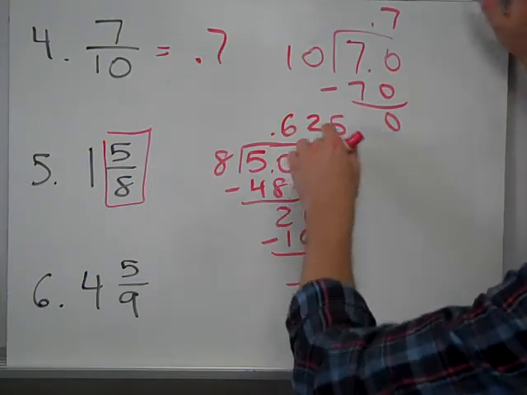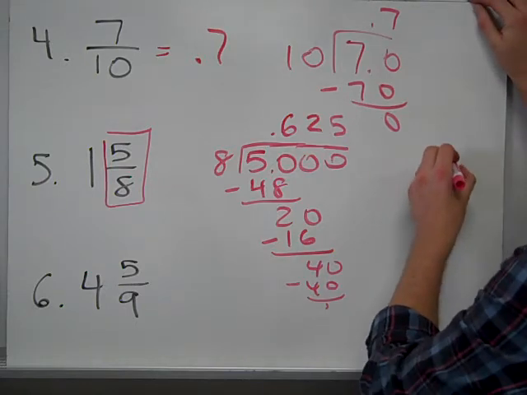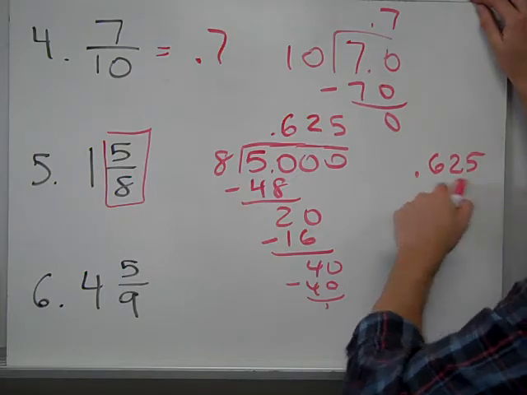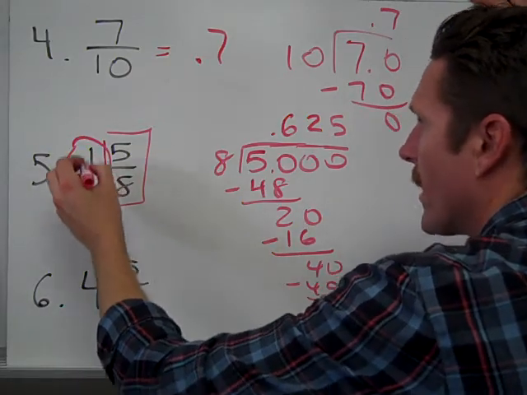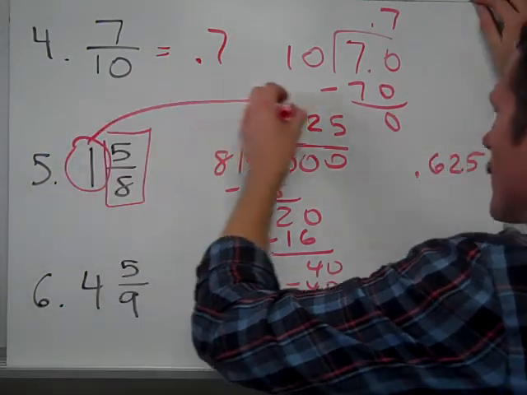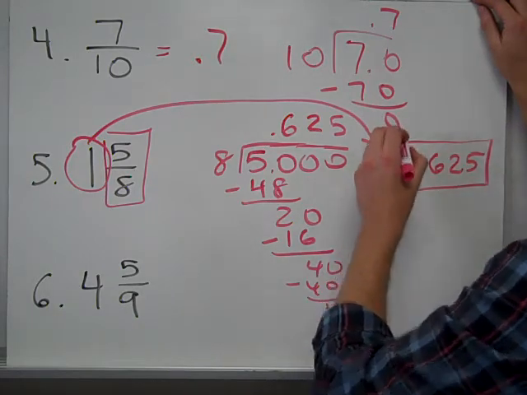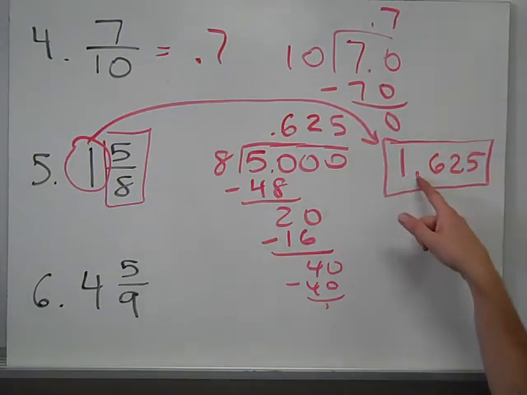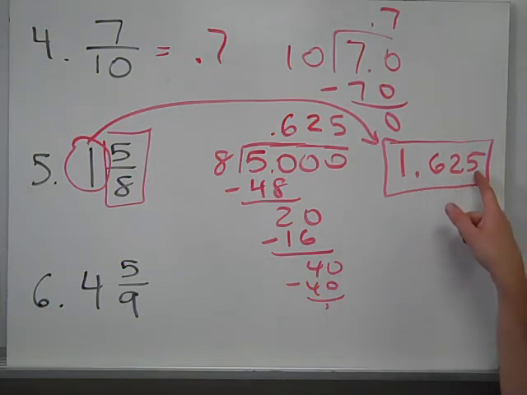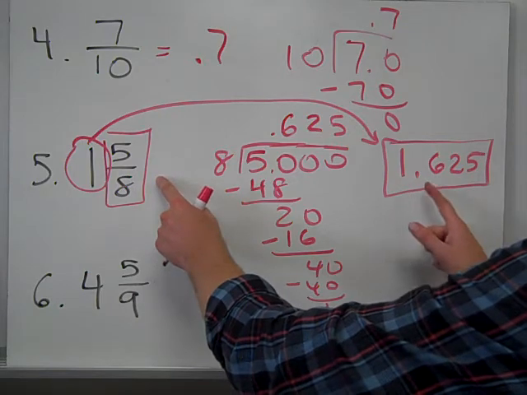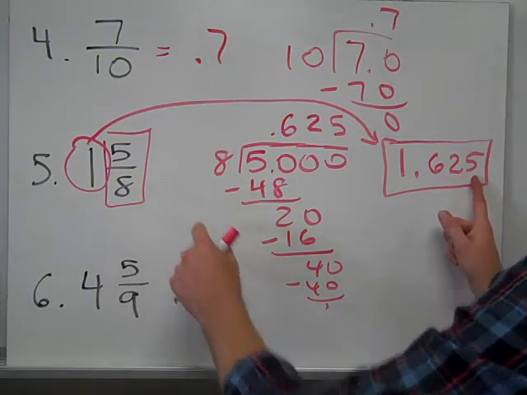So now our decimal is 0.625, or 625 thousandths. And now that whole number has to come over here. The whole number is the whole number, so it's 1 and 625 thousandths. The 1 is the 1. The 5/8 into a decimal is 625 thousandths.